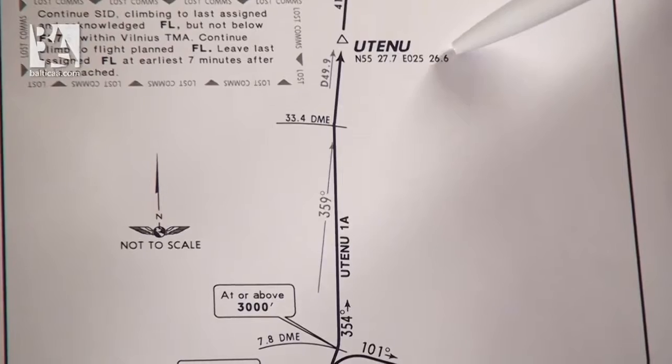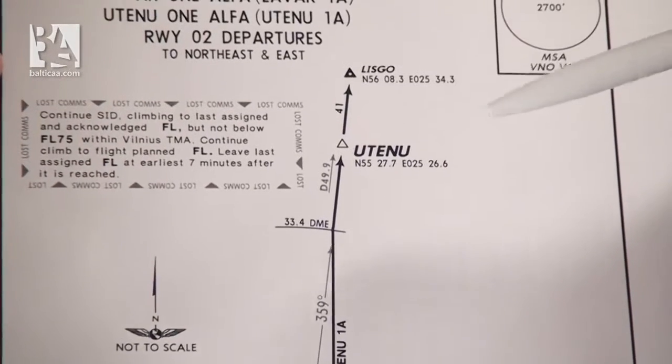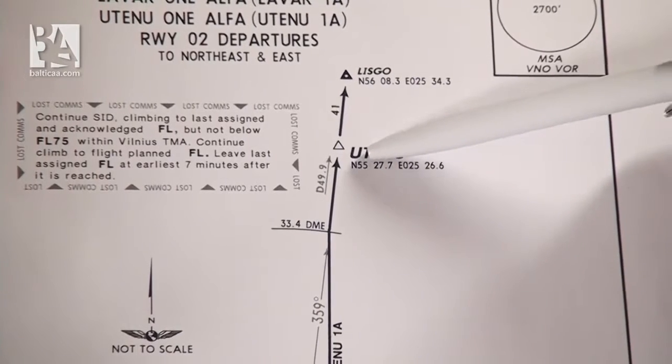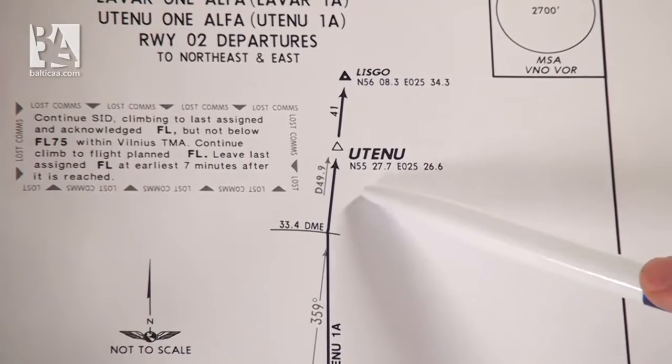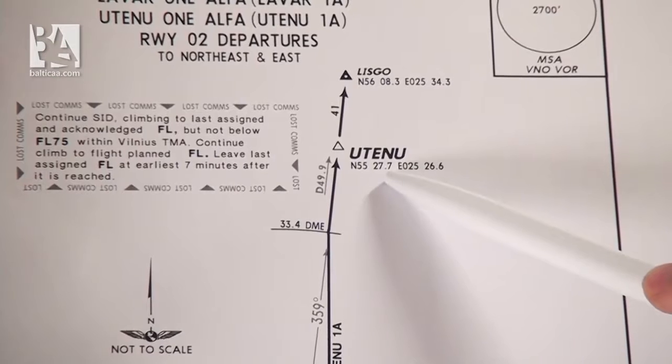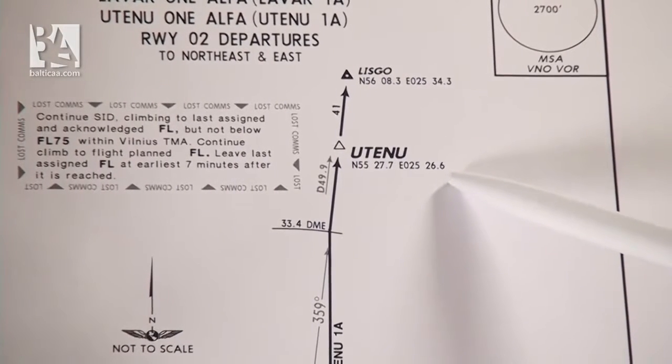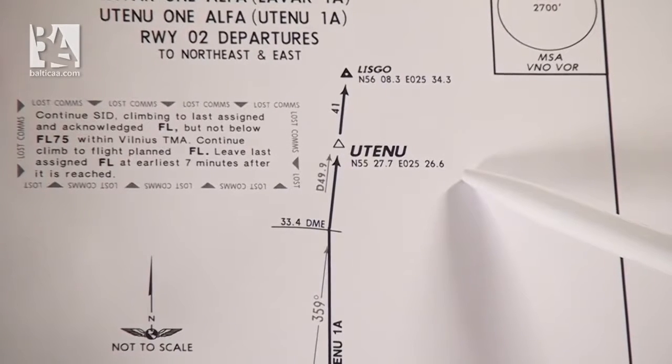And of course, as for any other waypoint in the chart, below the waypoint identifier, we have the coordinates, which for Uteno would be November 55 07.7 and East 025 26.6.